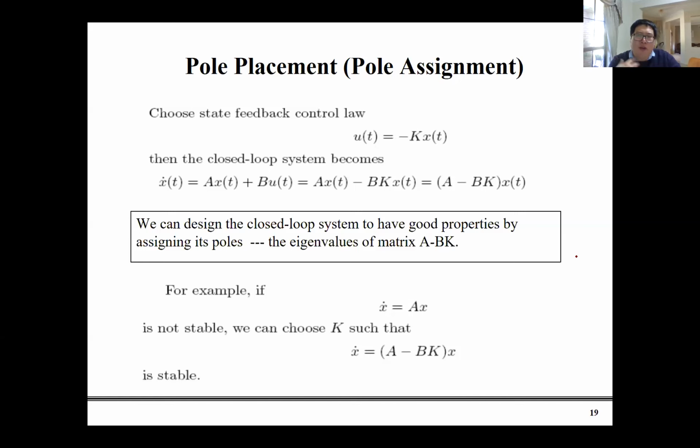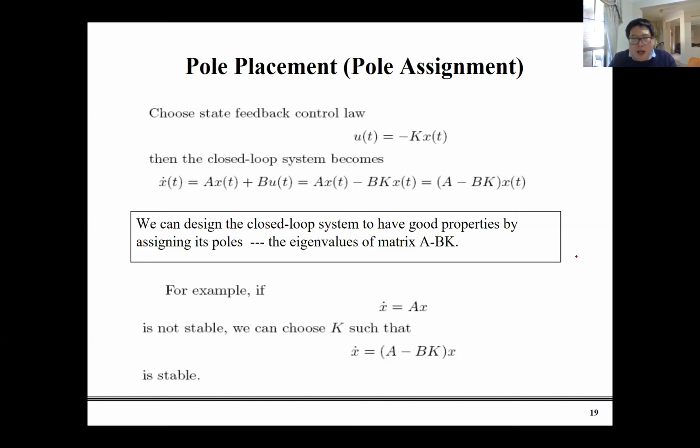But you want to make your control system stable, right? This is what we always want. We want our controlled system to be stable, right? Then what can we do for that? So if you have a linear continuous time system, and you check that it is not stable, what can we do?